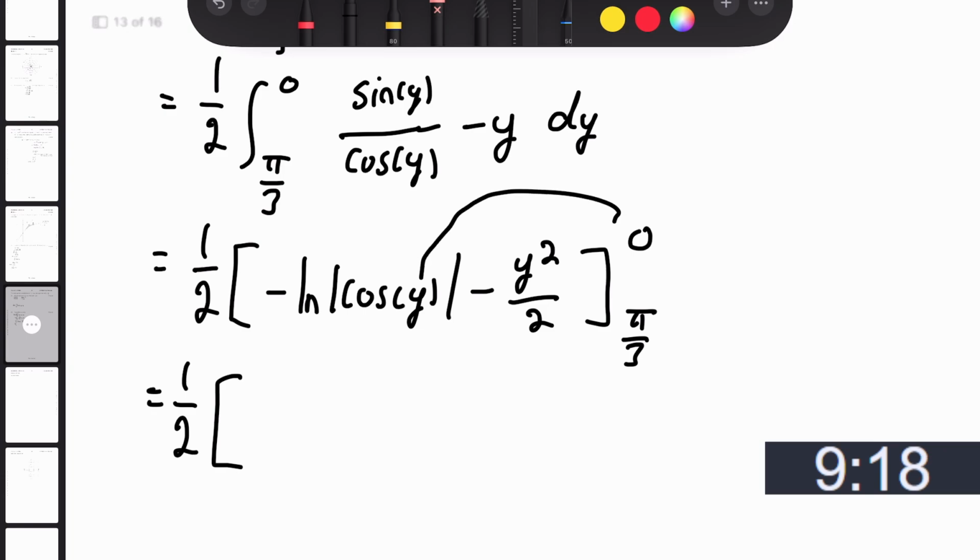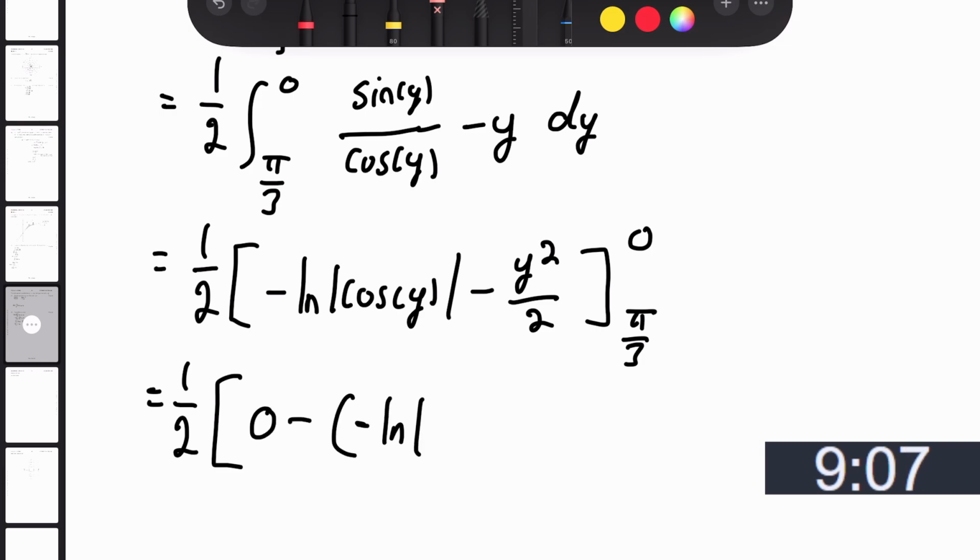Okay, so if I sub in 0 for this, that becomes cosine of 0, which would be 1. ln of 1 is 0. So 0 minus negative ln of cosine of pi on 3, minus, that's going to be pi squared on 9 divided by 2, so on 18.